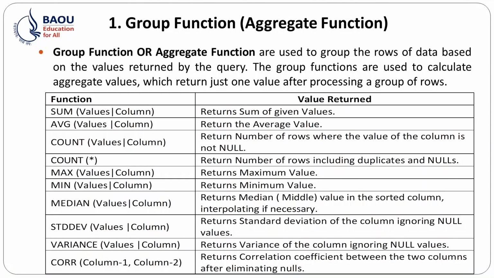The max function returns the maximum value, min function returns the minimum value, median function gives the middle value, and stddev is used for the standard deviation of the column values, and variance is the variance of the column, and correlation gives the correlation coefficient between two values.